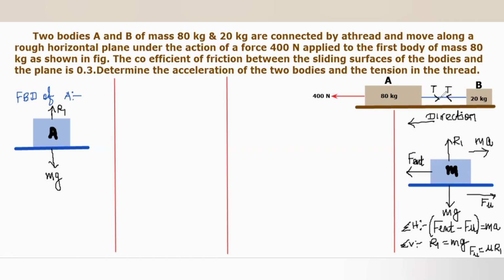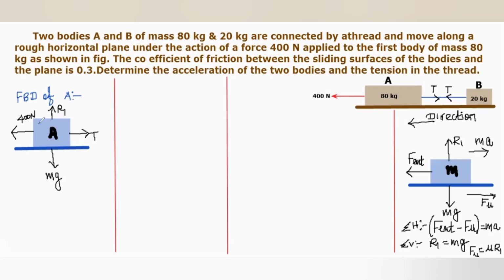If we separate for the object A, the tension in the string will act towards this direction. And then obviously the external or applied force 400 Newton acts in this direction. Both the bodies A and B are moving towards the left side under the action of the applied force 400 Newton.